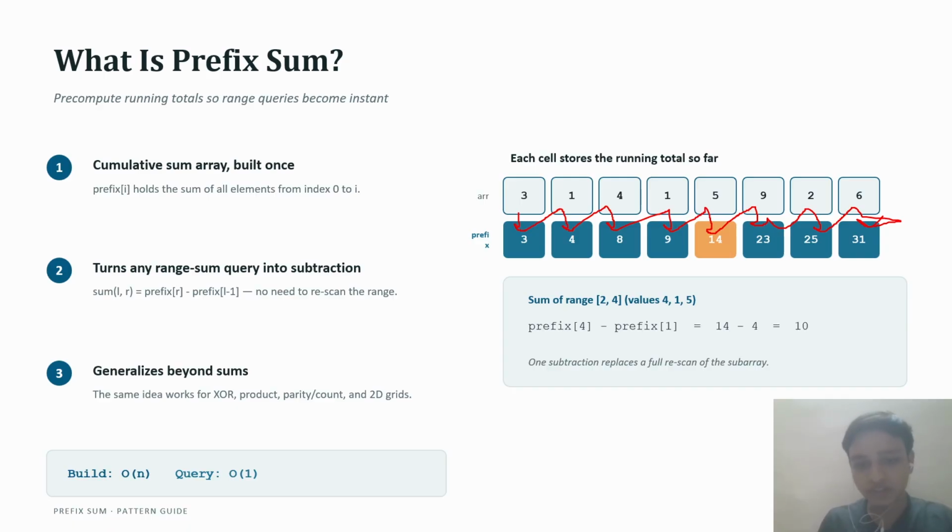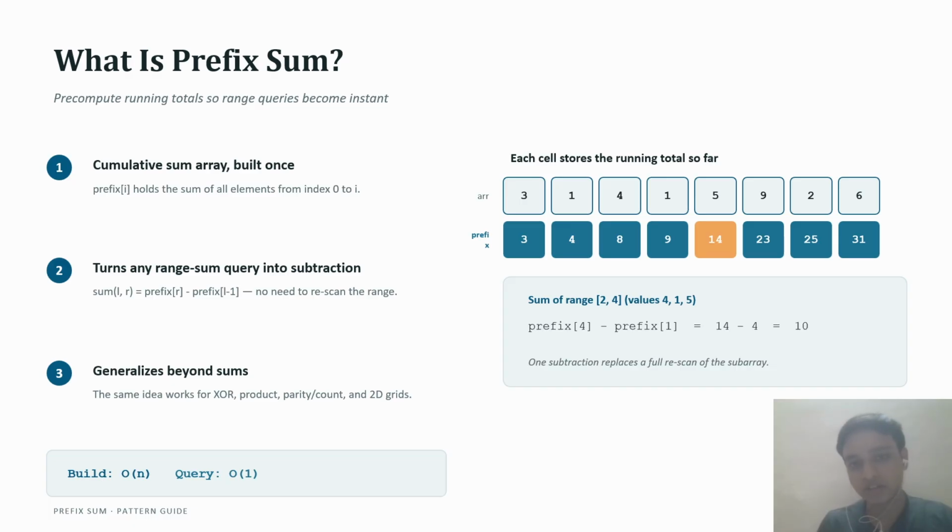So what does this signify, what is this pattern? We have this array, and we have this prefix array.